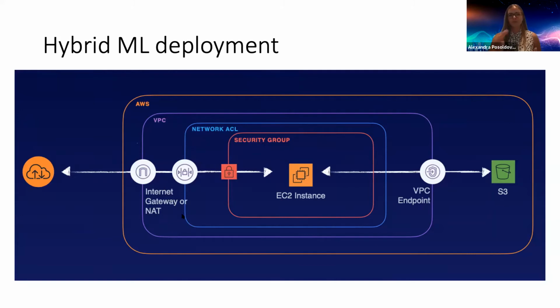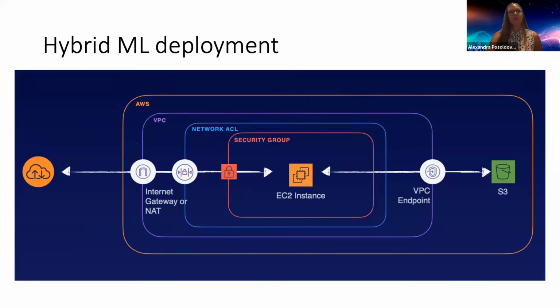And there are many security layers that need to be passed to manage the access, making sure that the right people have the right access, following the minimal access policy.